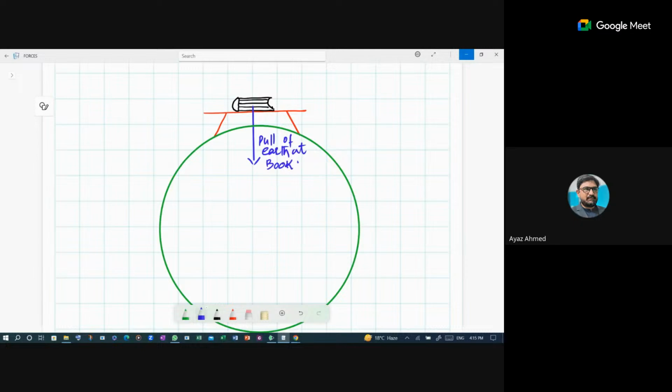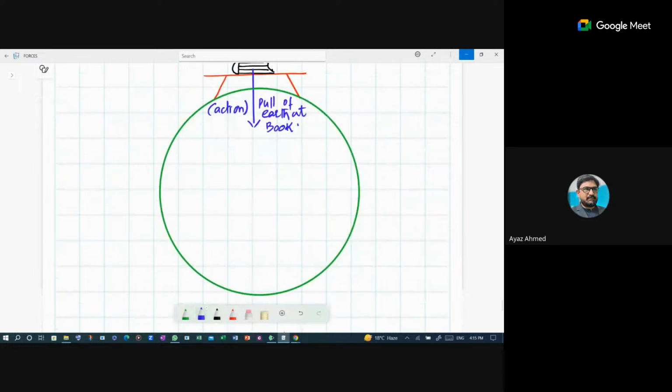Got it? This is your action force. As a reaction, the book pulls the earth towards itself. This is the pull of the book on the earth, and this is your reaction force.